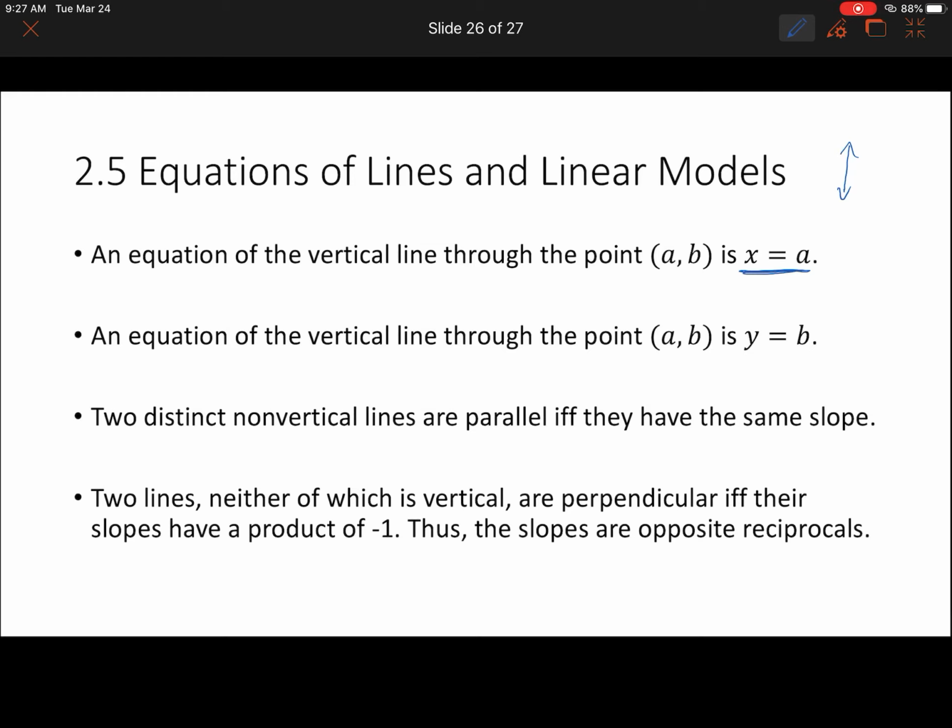The equation is going to be x equals whatever that x value is from that ordered pair. You could choose any point on that vertical line, and they're all going to have the same x value. As we've talked about previously, if our equation is x equals a number, it has to be vertical. So if we have a vertical line through a particular point, then our equation has to be x equals whatever that x-intercept is.